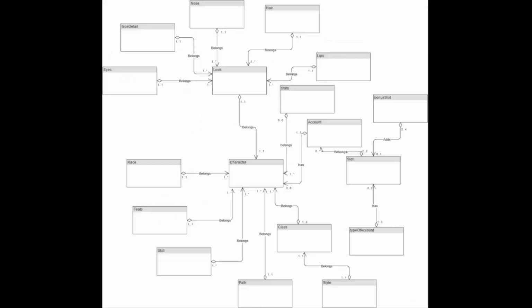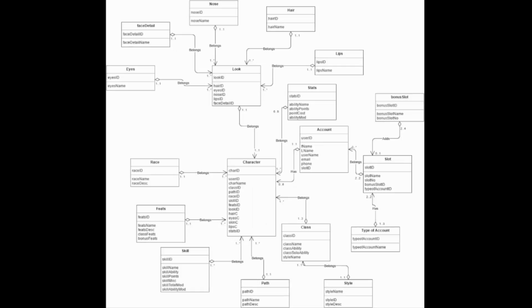So, conceptual database model is a prototype of the database model, but consists only of the table's name and which table it has relationship with. And now, for the logical database model, it's almost the same as conceptual. However, it also has the primary key and foreign key of said tables.